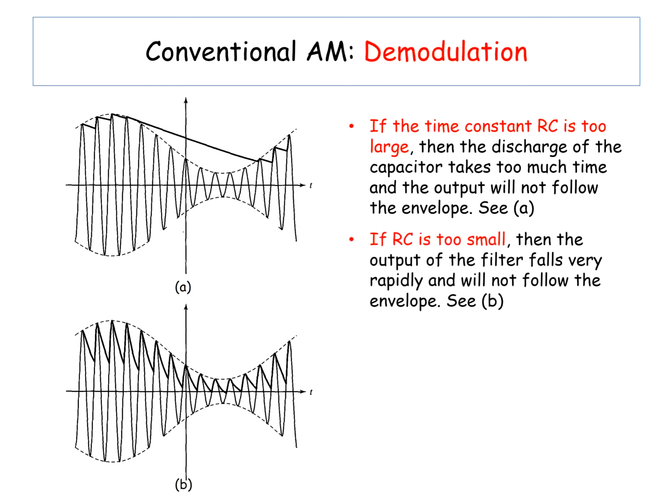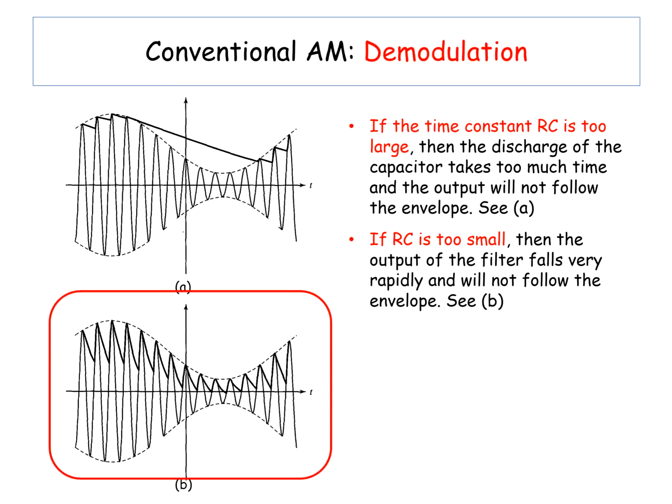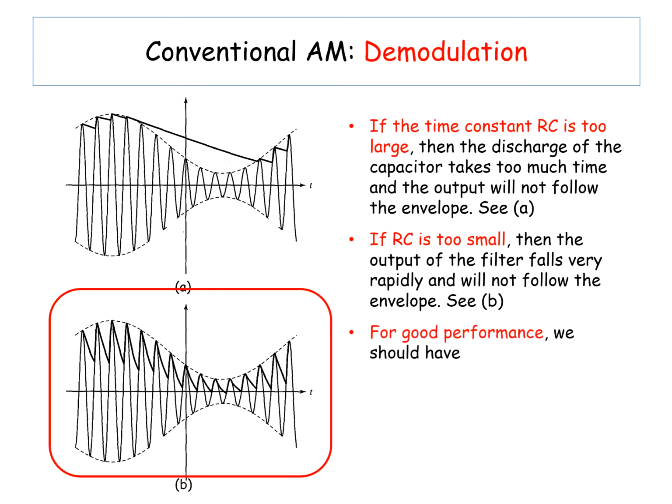If RC is too small, then the output of the filter falls very rapidly and will not be able to follow the envelope. For good performance, the boundaries of the time constant can be given. This is the last slide of the part 1.